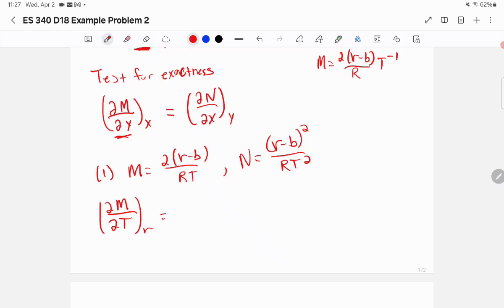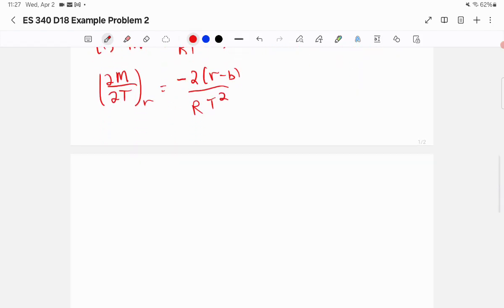When I take the derivative, the minus 1 is going to come down and it becomes T to the minus 2 power. So this becomes minus 2 times (V minus b) over RT squared, because of the fact that it became minus 2. And then similarly, we're going to take dN now with respect to V, holding T constant.